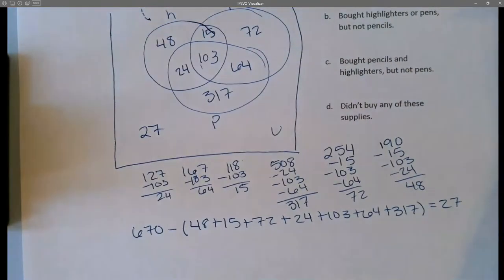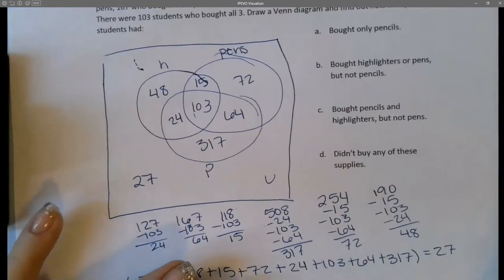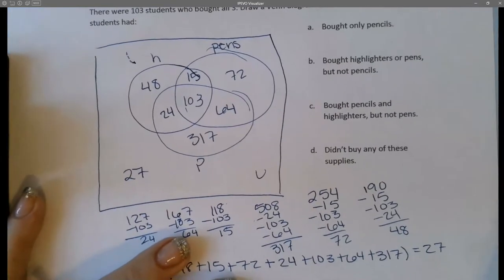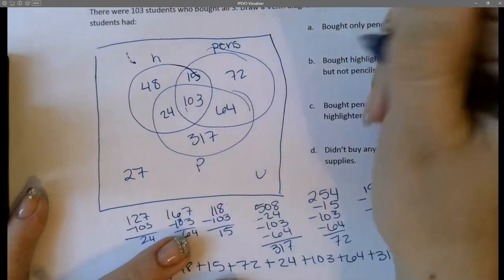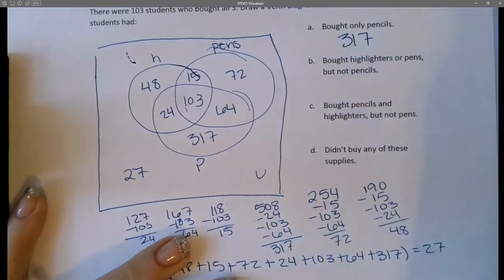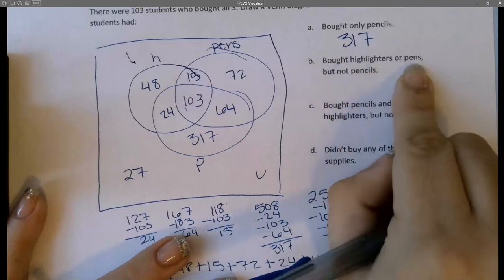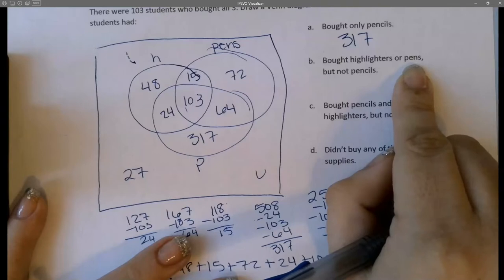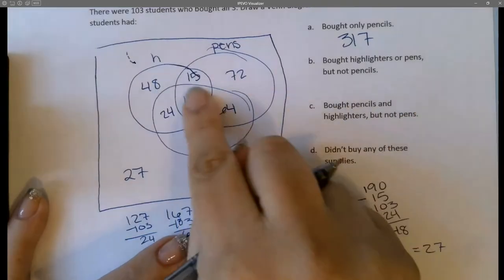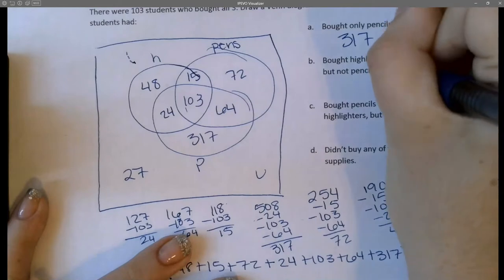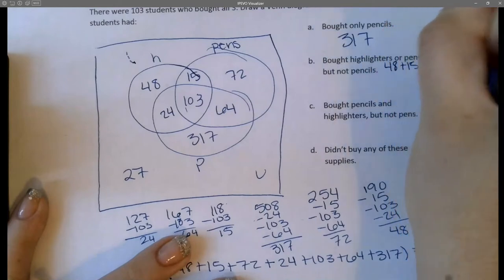Okay, now I need to answer the 4 questions off to the side. It's asking me how many people only bought pencils. So that's the number alone in the circle. It's saying bought highlighters or pens, but not pencils. So I want to add the numbers for highlighters and pens and exclude anything that is in the pencil circle. So I'm going to add those 3 numbers together, the 48, the 15, and the 72.